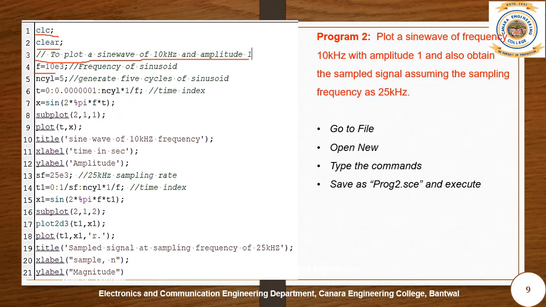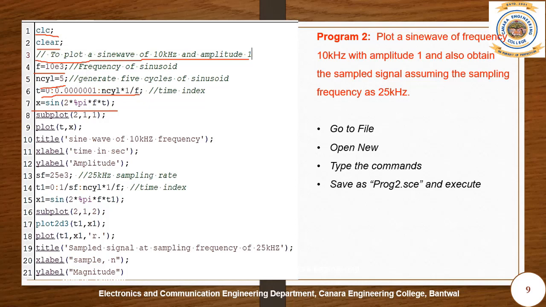The frequency is assigned as 10 kilohertz, and the number of cycles is 5. Now I have defined the t value varying from 0 to 1 by f times the number of cycles, in steps of 0.00000001, and the x value has been obtained by typing sin 2 pi ft.